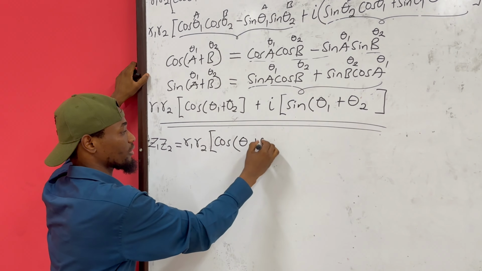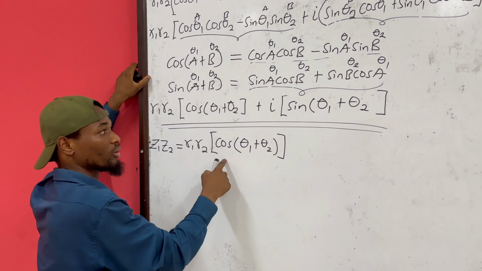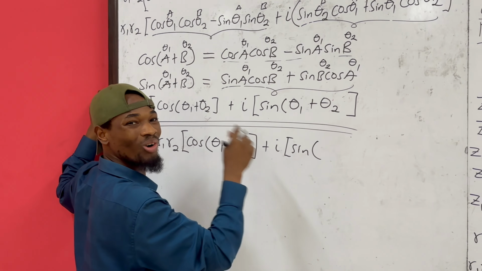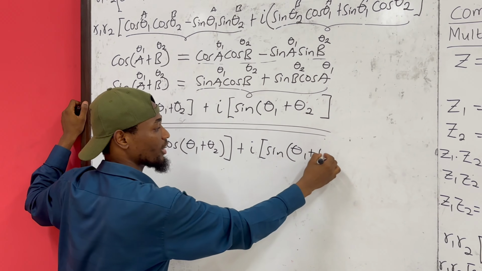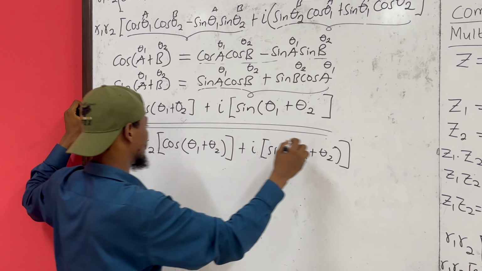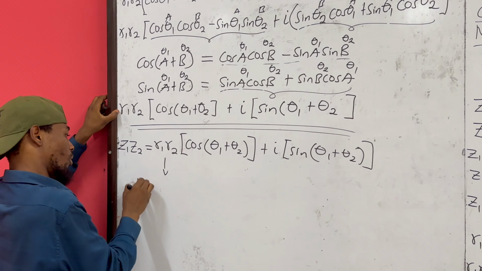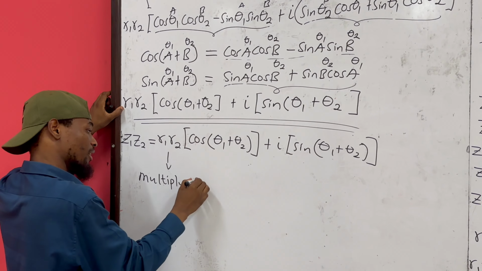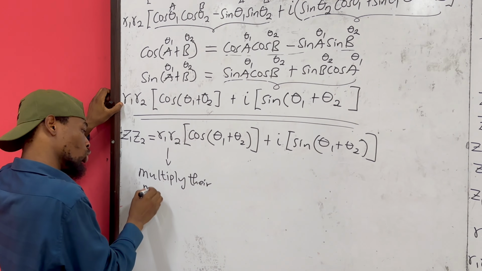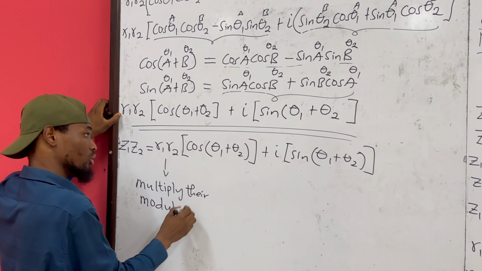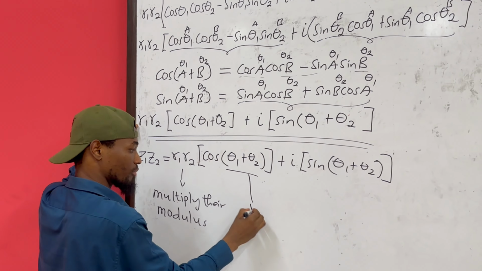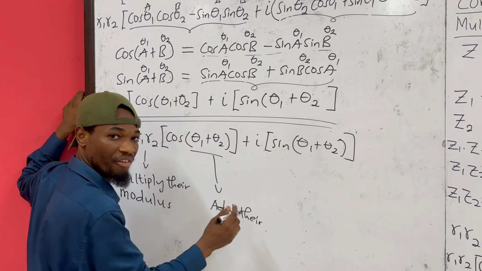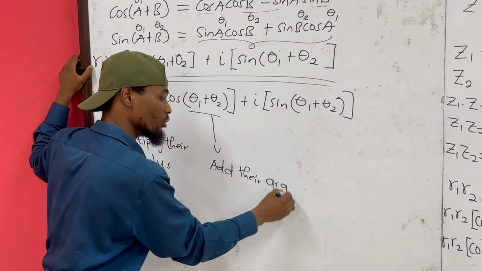So this plus that for the cos, then plus i, then for the sine, you also add their argument. So this is multiplying, so you multiply their modulus. Then this side, you add their reference angle or their argument.